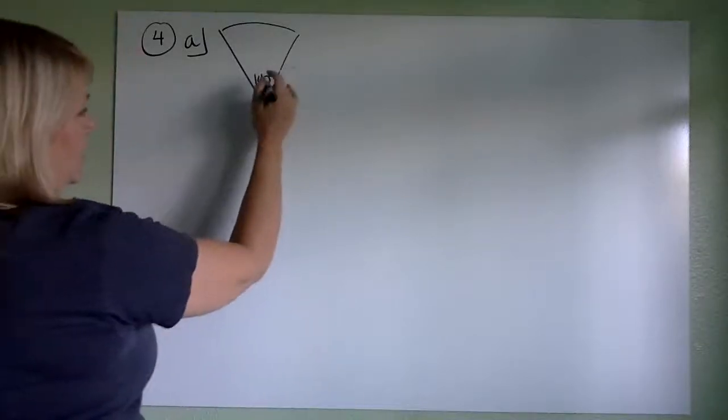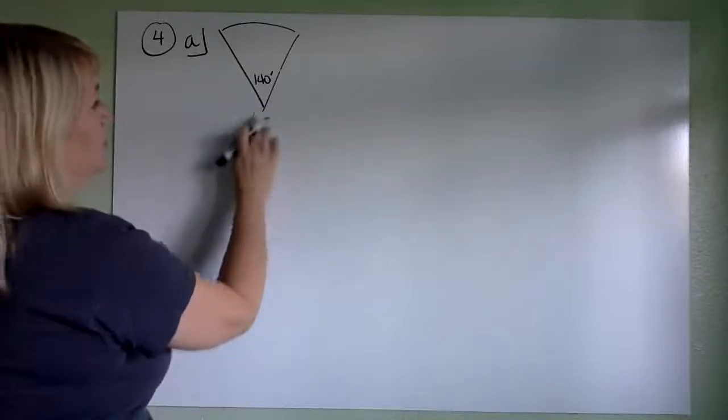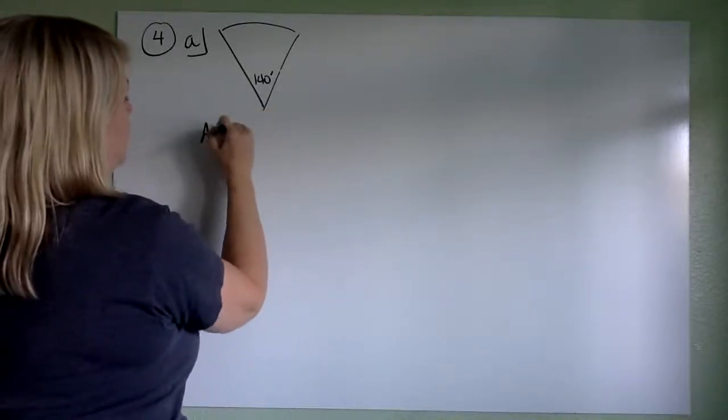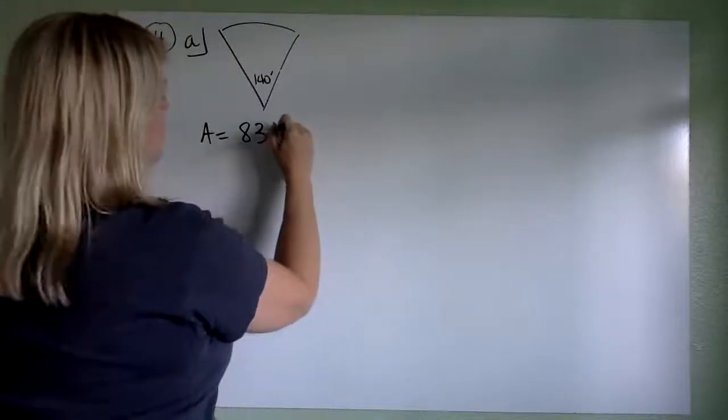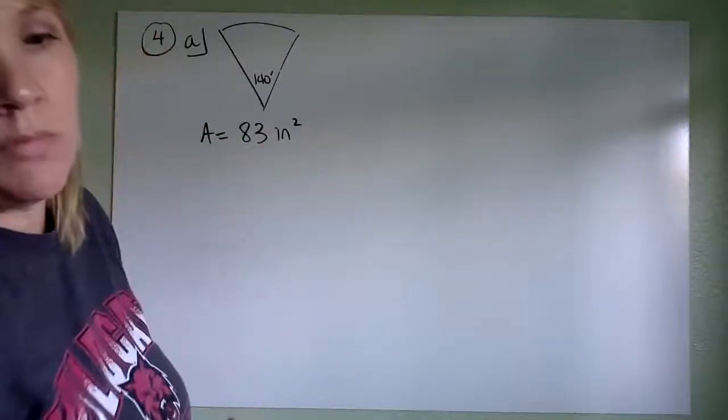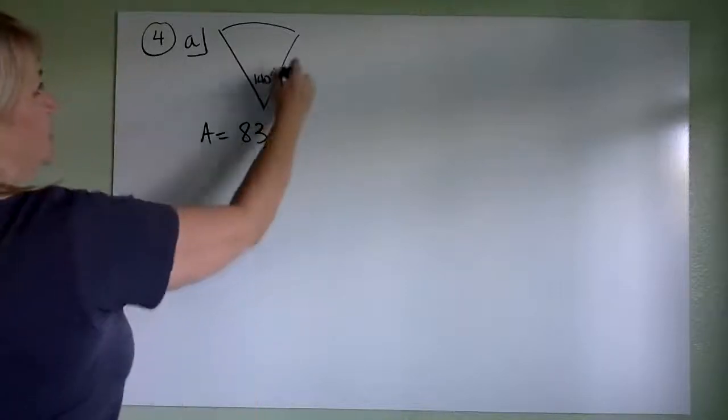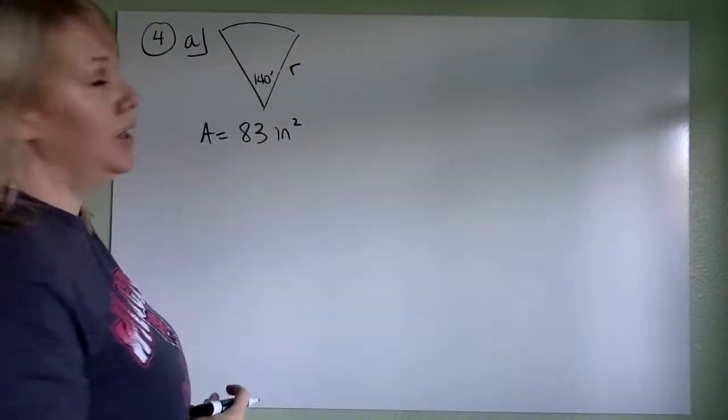Now, my picture is not to scale. Obviously, that's not a 140 degree angle, but you get the idea. The area is 83 square inches. And the question is, what is the radius of the fan we're looking for?